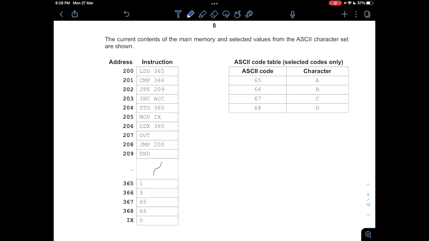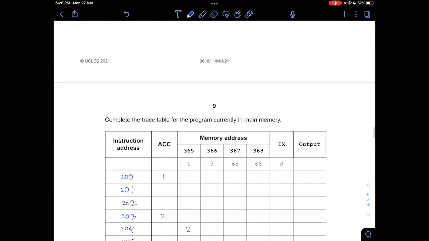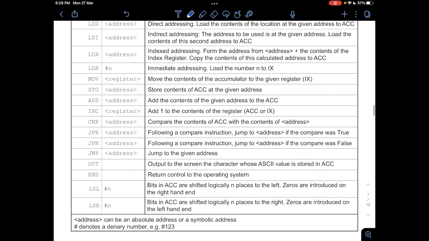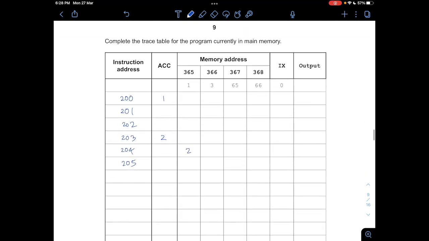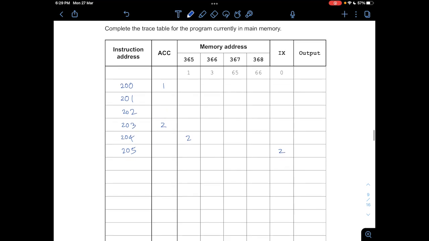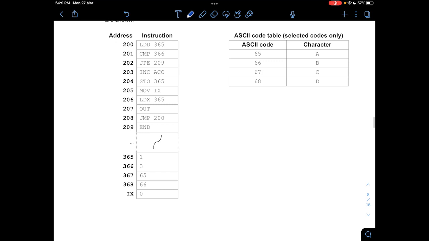move the data into the IX, which is our index register. Normally that would be move the contents of the accumulator to the given register. So we need to move the content of the accumulator, which is this one, into the IX, which is here, right? We move on to 206. 206 would be LDX 365.